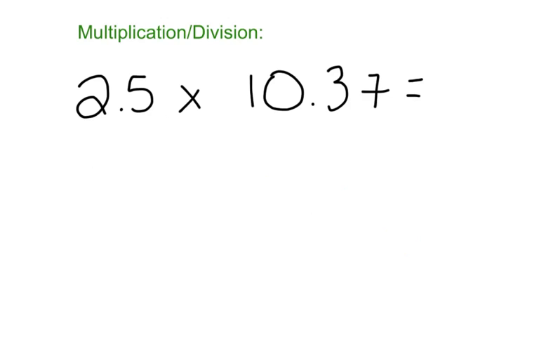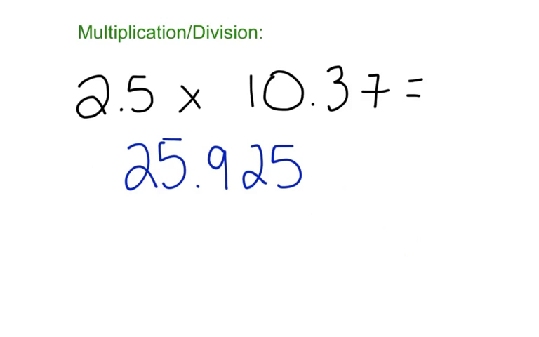So, looking at this, we have 2.5 times 10.37. You do that on the calculator and you get 25.925. Well, looking at our two numbers, 2.5 has 2 sig figs, silly me. 10.37 has 4 sig figs.